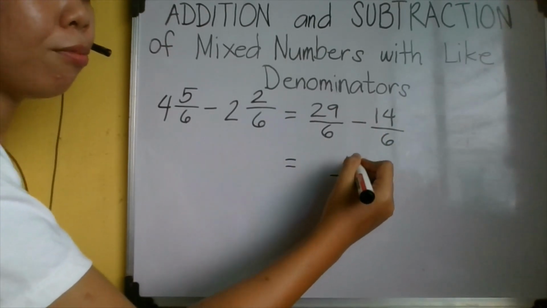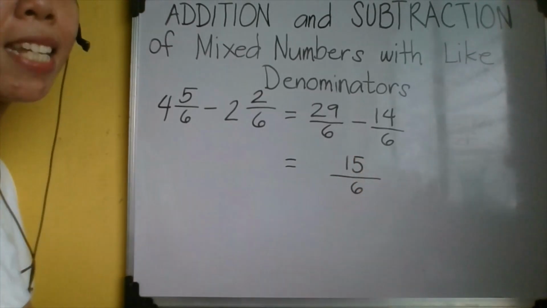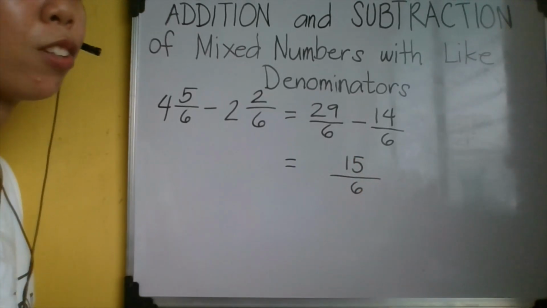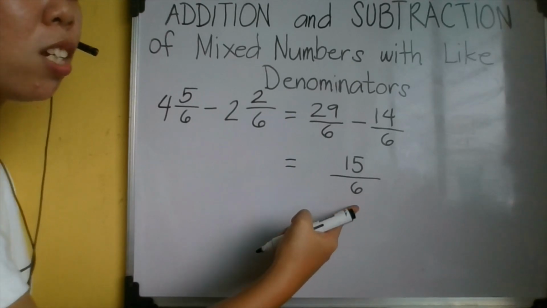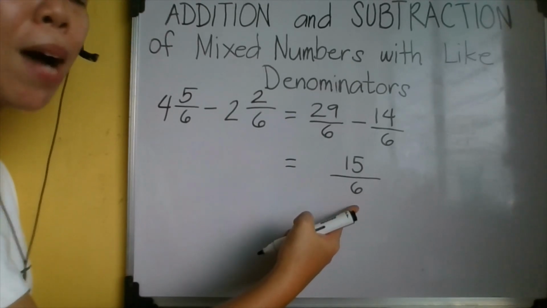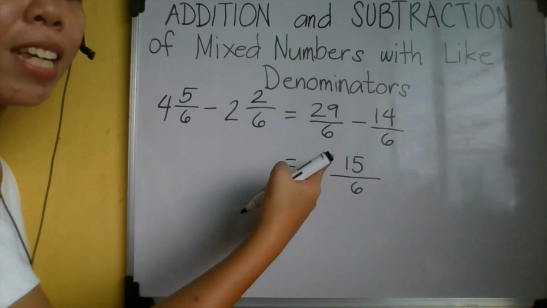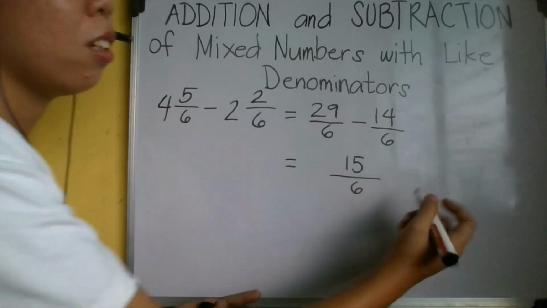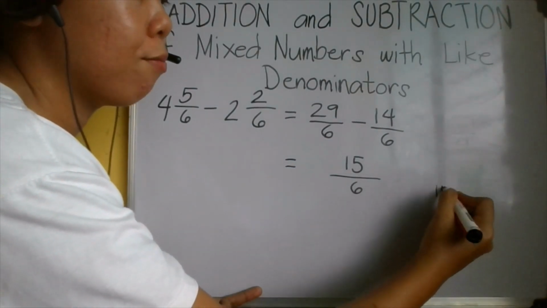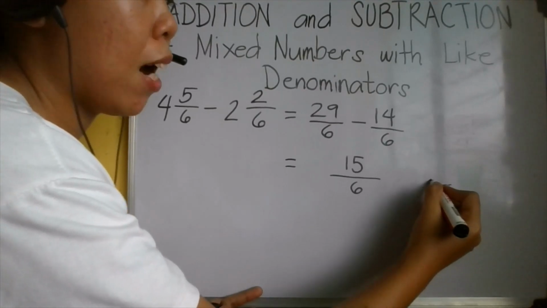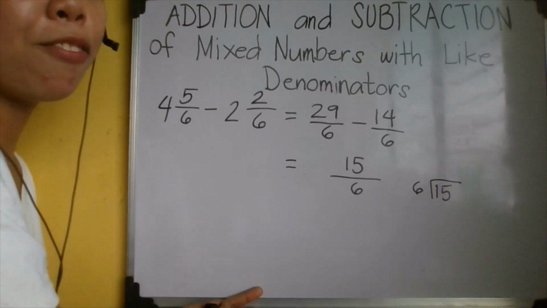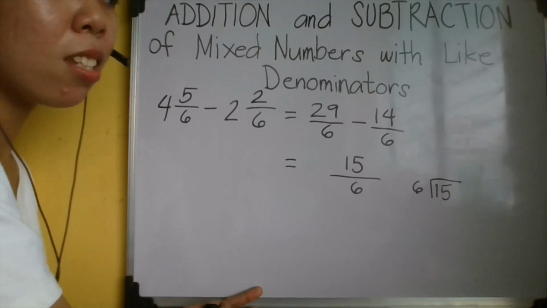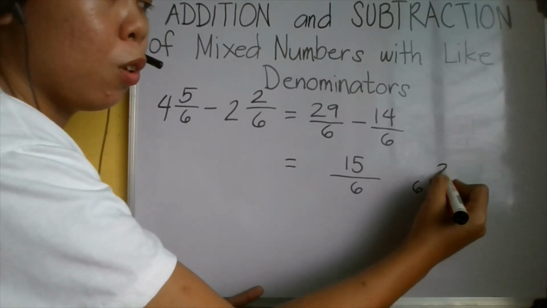So, 15/6 is an improper fraction kasi mas mataas yung numerator sa denominator. So, change that to a mixed number by dividing 15 by 6. So, ilang 6 ang makikita sa 15? We have just 2. 2 times 6 is 12.